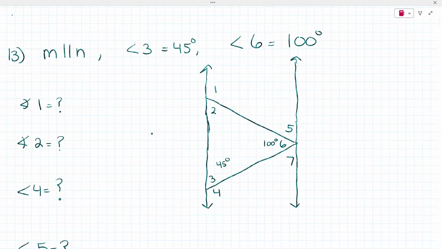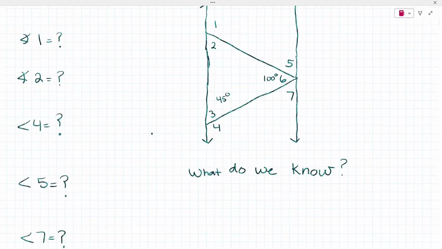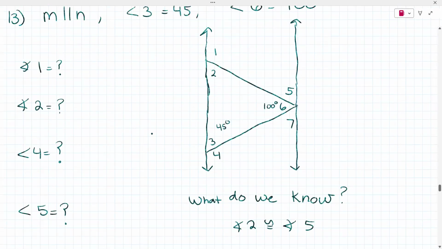Okay, what do we know? We know that angle 2 is congruent to angle 5. Why is angle 2 congruent to angle 5? Alternate interior. And what else do we know?